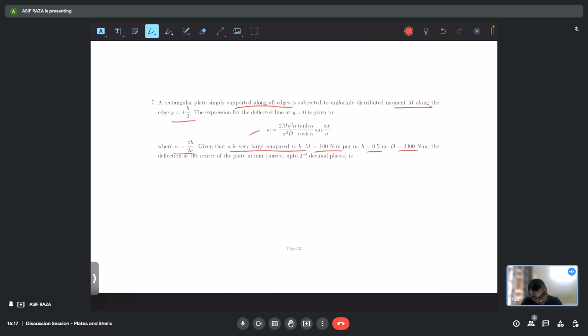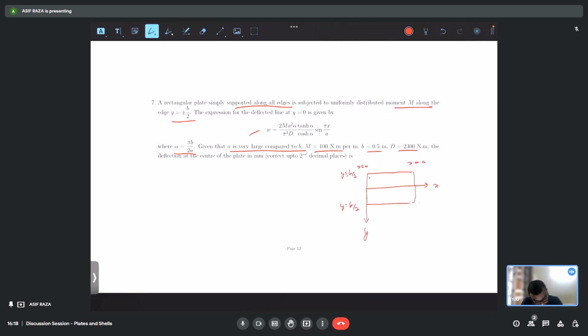So what do we have? We have a rectangular plate with x equal to 0, x equal to a, y equal to minus b by 2, y equal to b by 2.